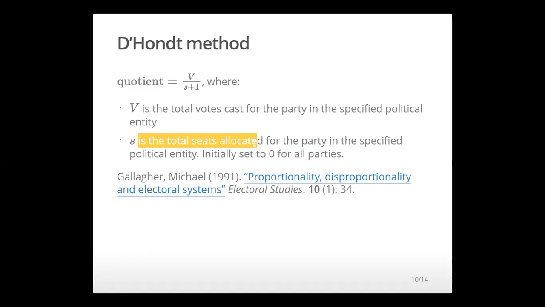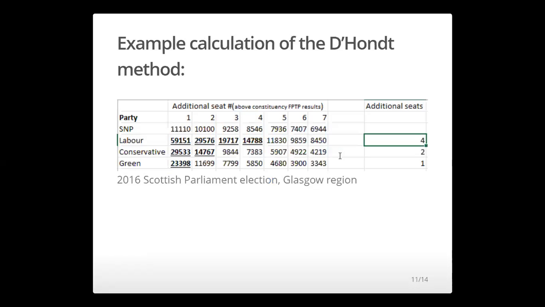And if this is a pure PR system, where there are no mixtures with first past the post, then S is initially set to 0 for all parties. So we have a calculation example here.